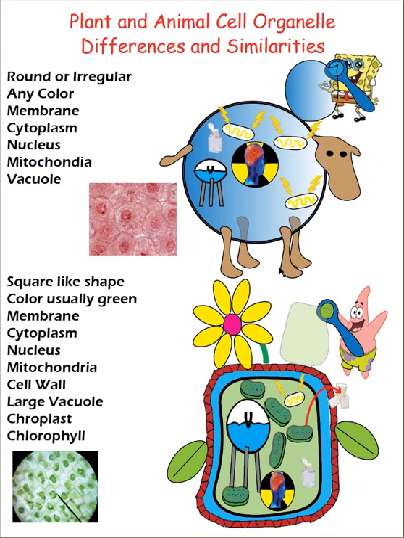You've probably noticed SpongeBob SquarePants and Patrick blowing these bubbles here. The skin that surrounds the bubble reminds me of the cell membrane. So the skin that goes around the animal cell is the cell membrane. And I'm going to bring an arrow over here so that you can see that.